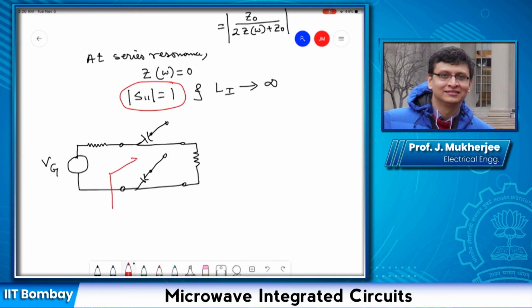This is my gap coupled open circuit, which has an input impedance Z omega. So this is open, this terminal and this terminal. We can obtain an equivalent circuit for this. It will be something like this.